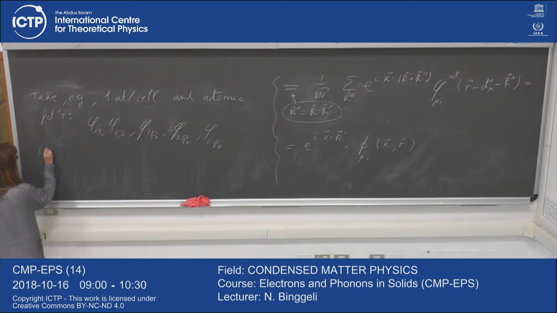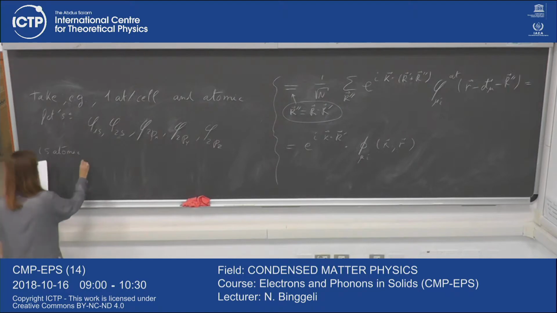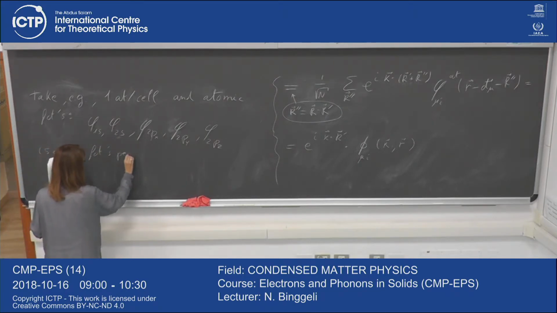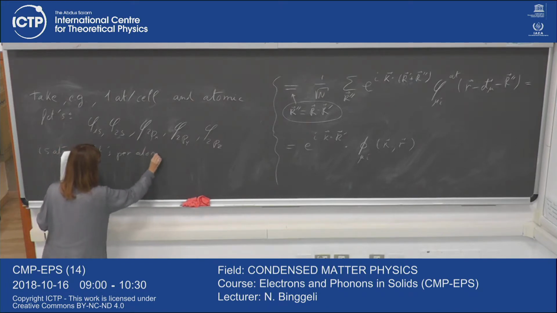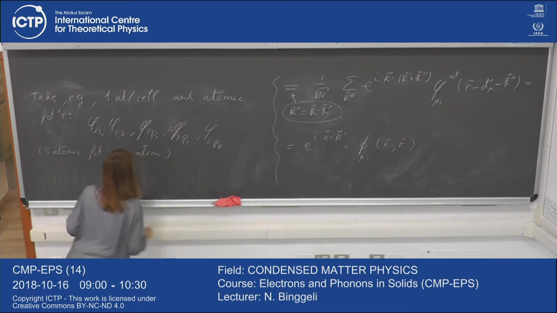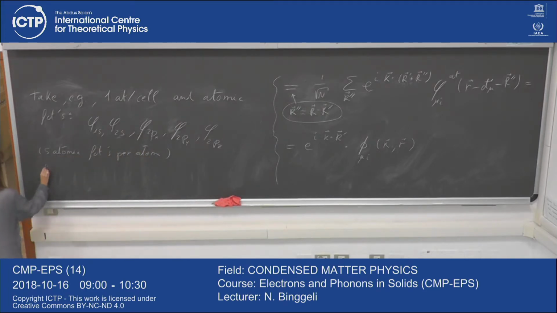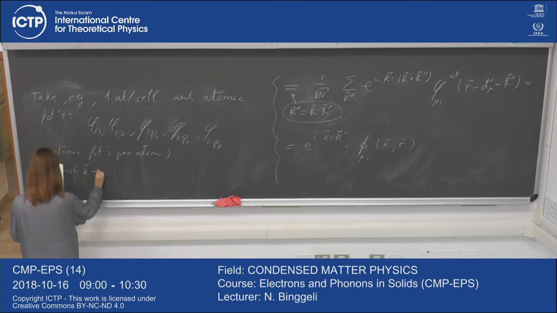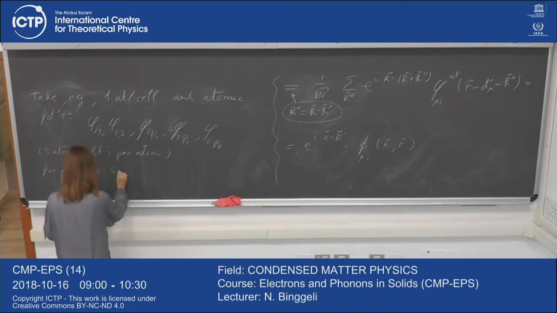So I have 5 atomic functions per atom, and for each k, I will have 5 tight binding functions that I can use as a basis.